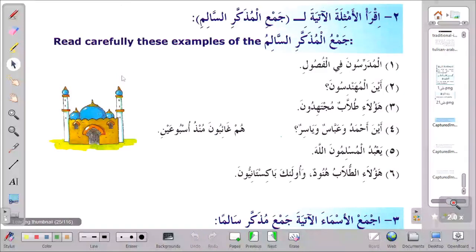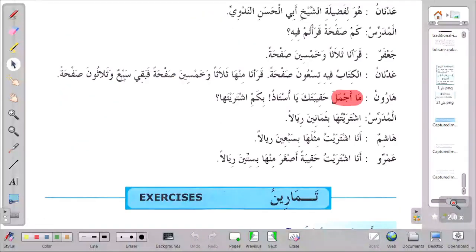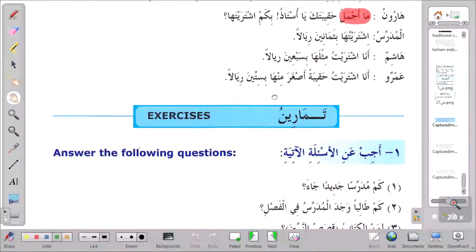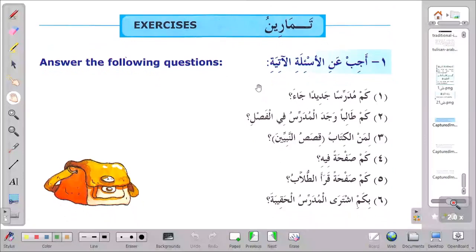So that is the summary of what we have learned in the dialogue. Now at Tamarin, as you can see, of course, we have exercises to do, like we always have been doing. So let's look at the exercise.